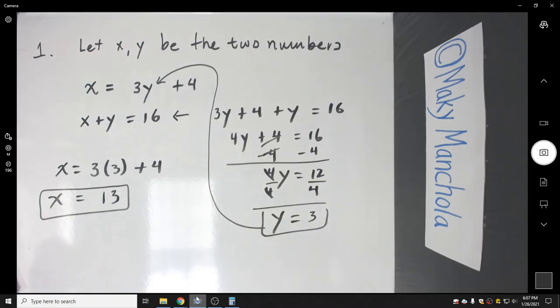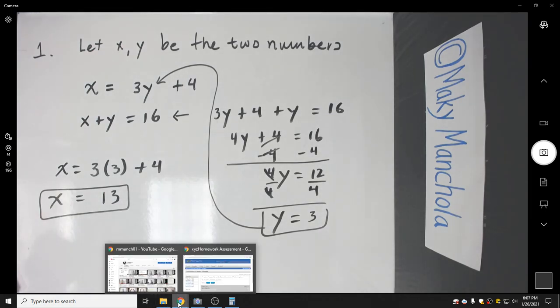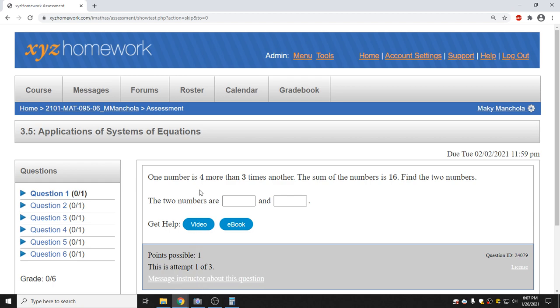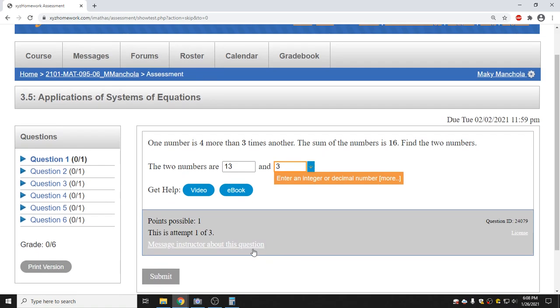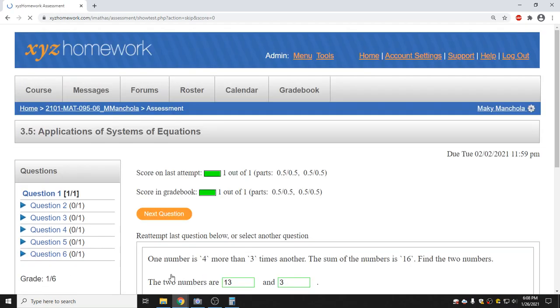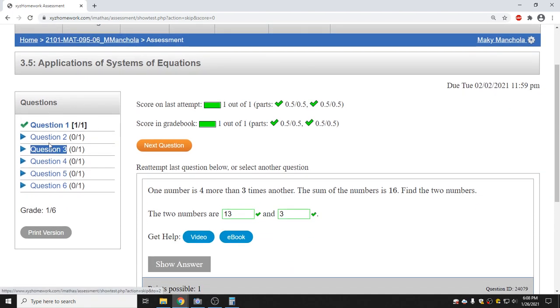So let's see how we need to enter these answers. The two numbers are, well, one of them is 13. The other one is 3. Now we check. And we got it. We got the solutions.